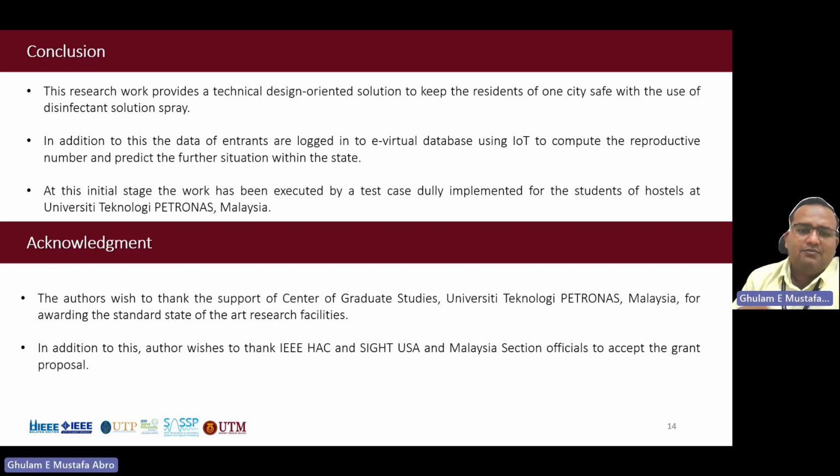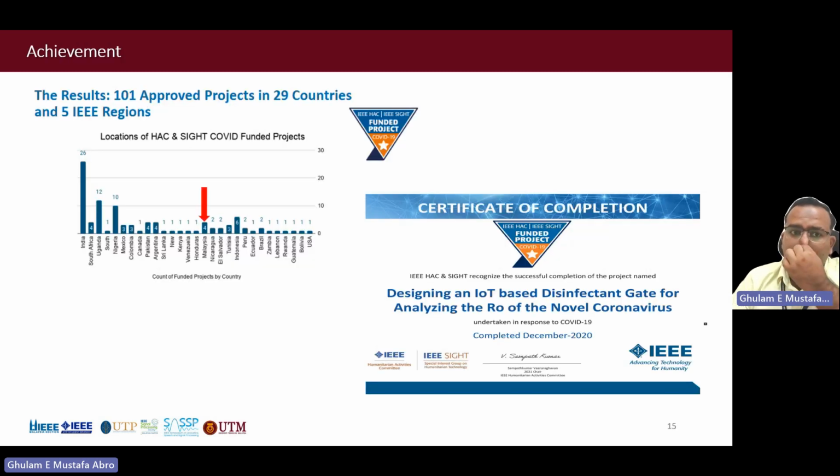This entire project never happened until we got the grant. That grant is the IEEE Humanitarian Activities Grant that came in 2020, and it gives me more pleasure and honor that in that particular time frame, only four projects were approved, and we were among them. And after the completion, we got this beautiful certificate as well.